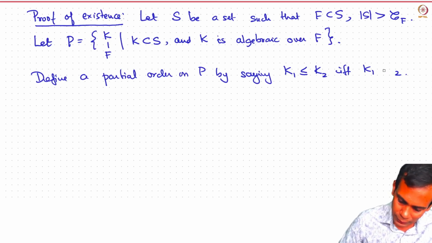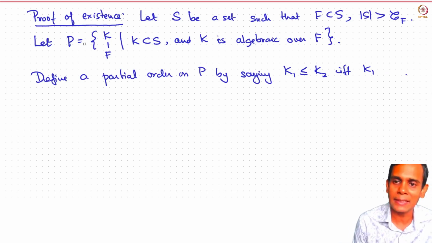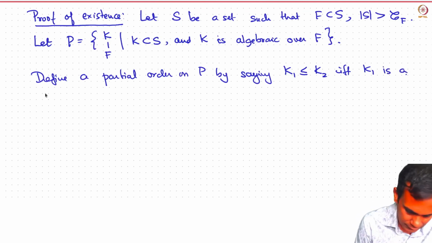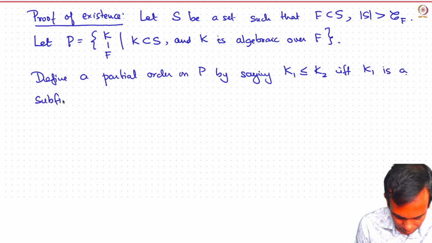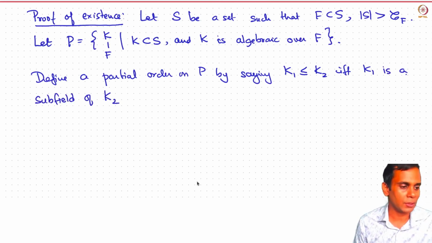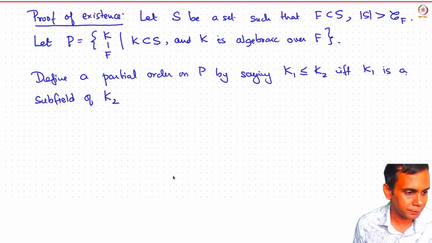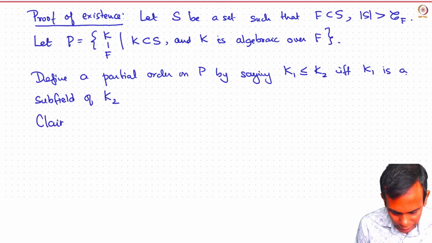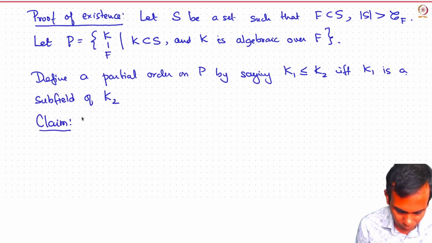So maybe I should be a little more careful because we talk about sets and sets with the structure of a field. So maybe I'll say if K1 is a subfield of K2 or K2 is an extension of K1. Now I claim that every chain in P has an upper bound.